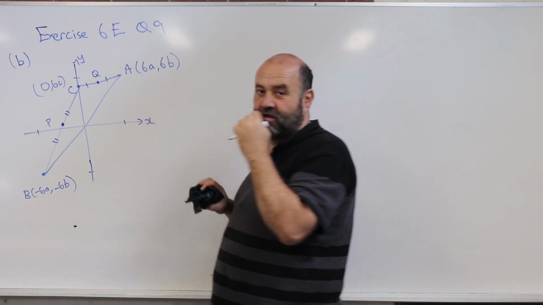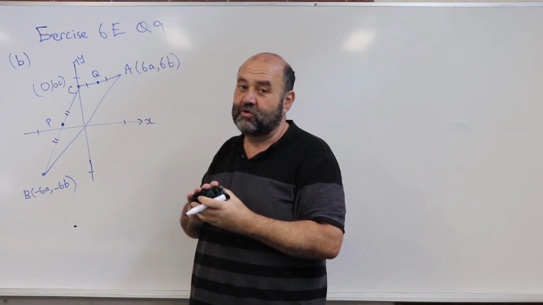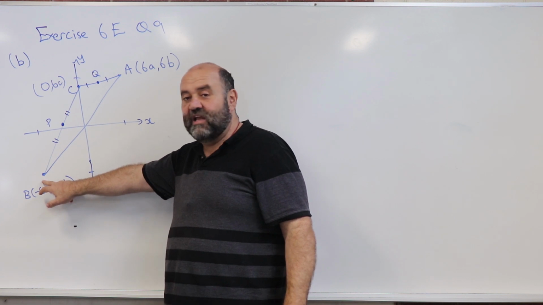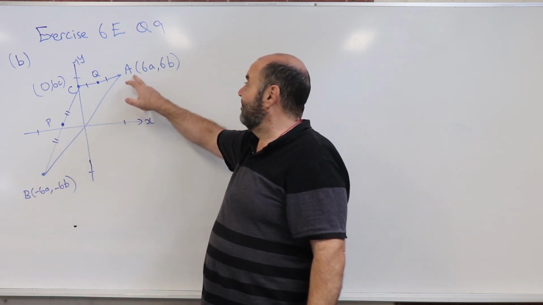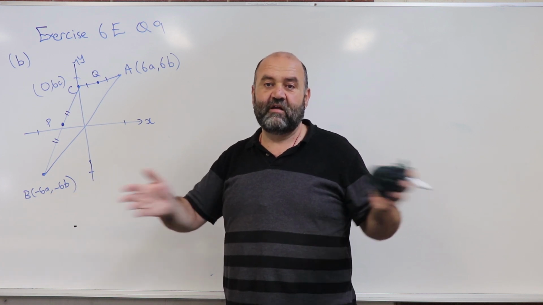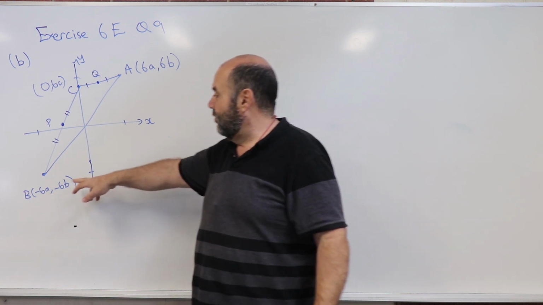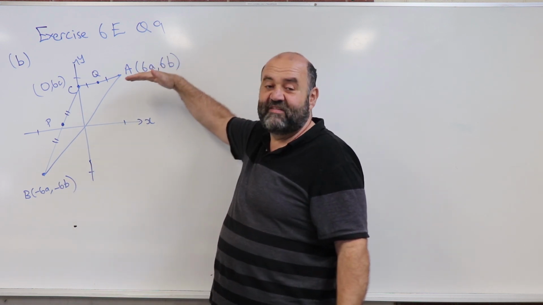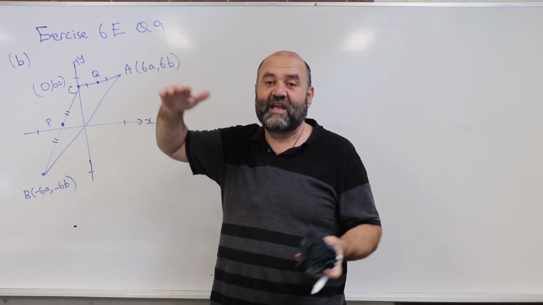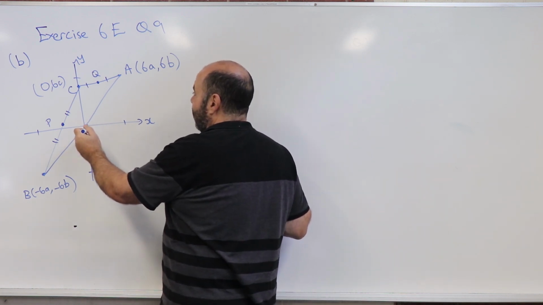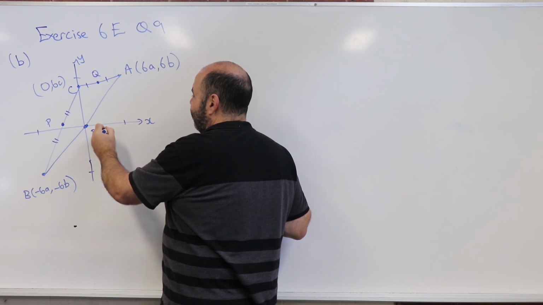Well, look, we can cheat a little bit here. The middle of AB should be very obvious to us. A is at 6a, B is at negative 6a. What's in the middle of negative 6a and 6a? 0. B is down here at negative 6b, and A is up here at 6b. What's between 6b and negative 6b? Again, it's 0. So we know that the point R is here at 0, 0.